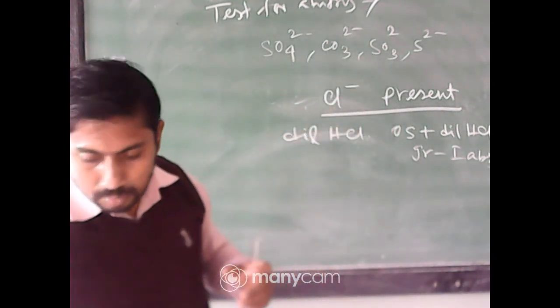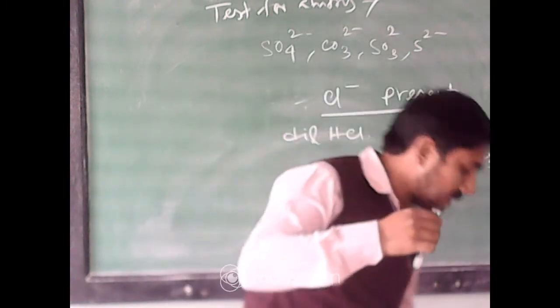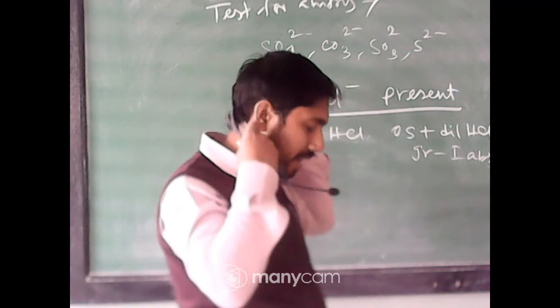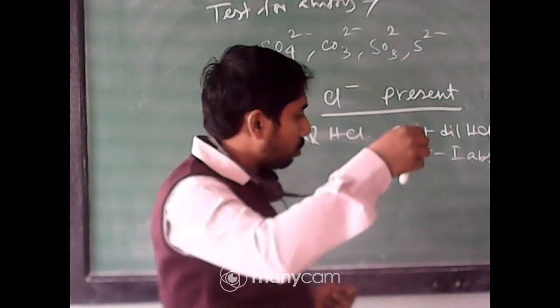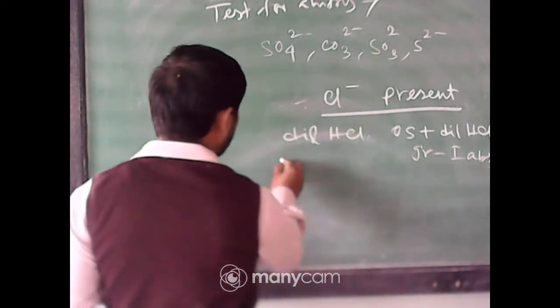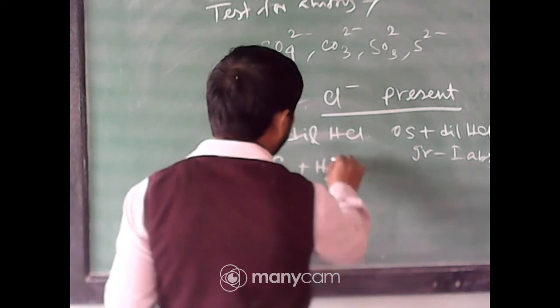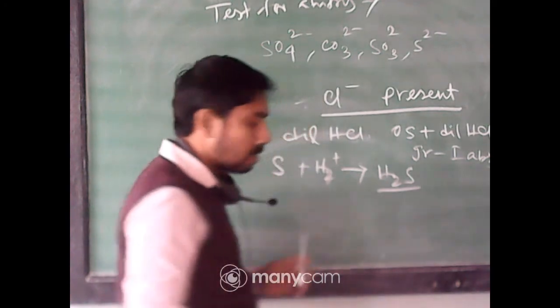As the medium is acidic, since we have added dilute HCl, it will produce sulfide gas. The S2- plus H+ was already there, so it will produce H2S.